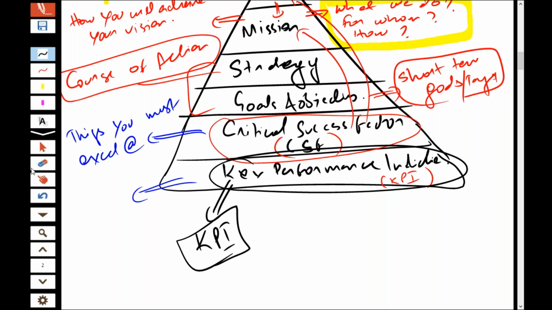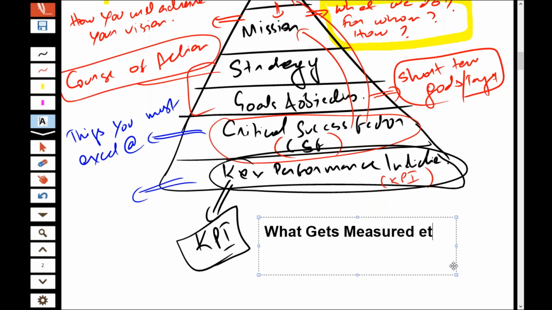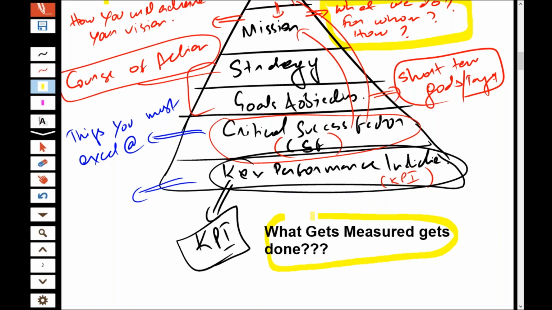So when we talk about performance measurement, we always say that what gets measured gets done. So what exactly do you mean by this?